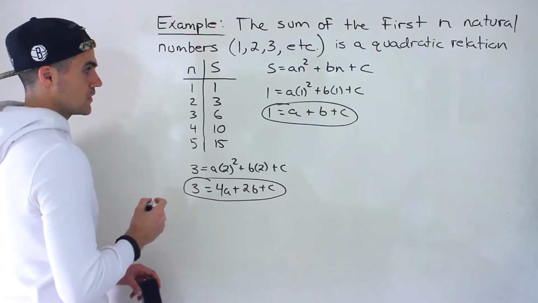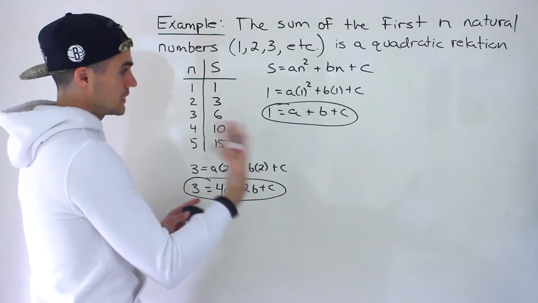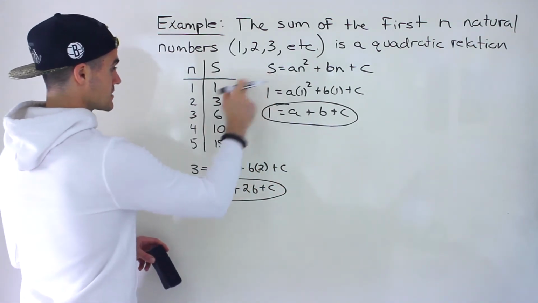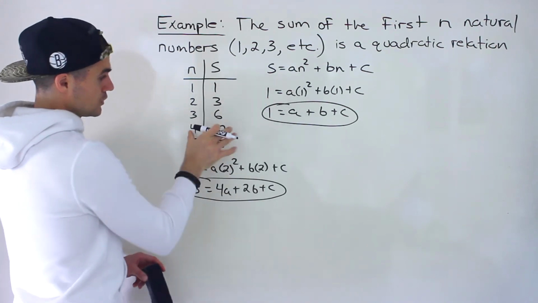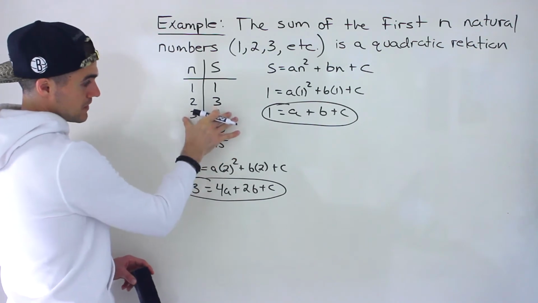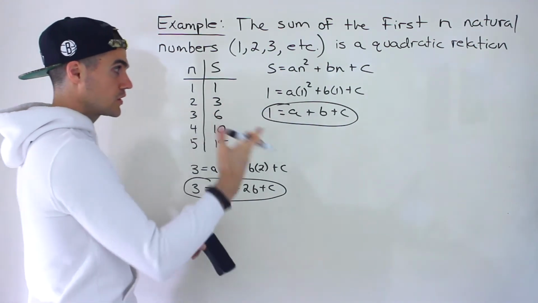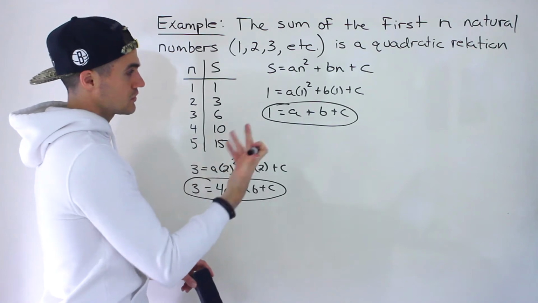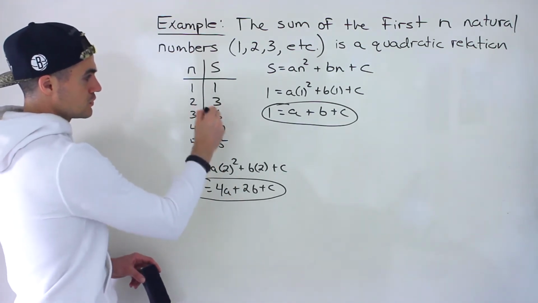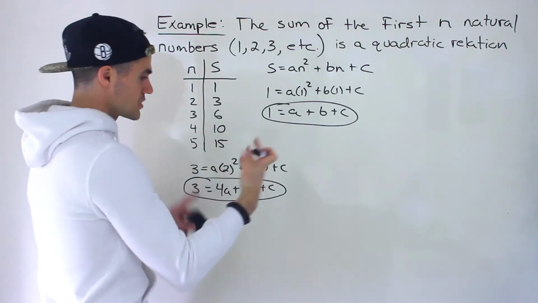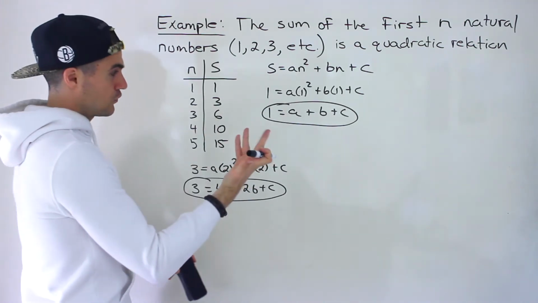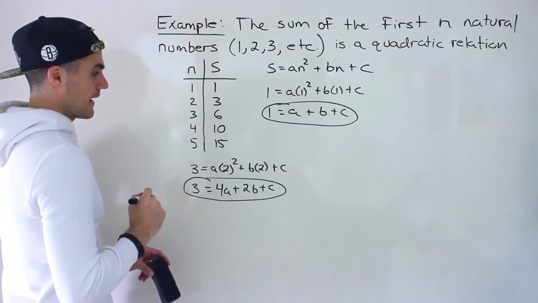And then let's get a third equation because we have 3 unknowns, so we need 3 equations. We plug in 6 for s, and we plug in 3 for n. You could also use one of these points if you want for the third equation, or you could even use maybe these last 3 points for all 3 equations. No matter which you use, you're still going to get the same a, b, and c values. It's just I feel like it's better to use the lower numbers so your numbers aren't getting too big over here. But if you use any of these points for the equations, you're still going to get the same answer.